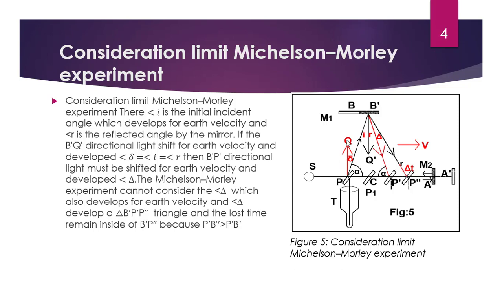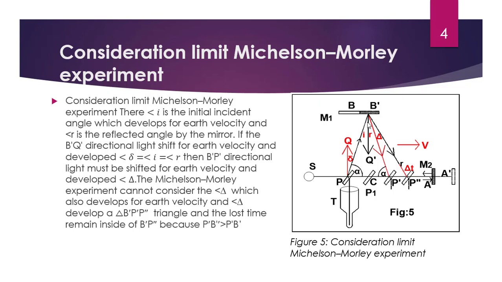So the PQ dash directional light touches the P dash and develops the reflected angle R, incident angle equal to reflected angle, and this angle is developed for the arc velocity, and also B dash P dash is the reflected angle. If this B dash directional light came back for a distance, we need to also consider the arc velocity.